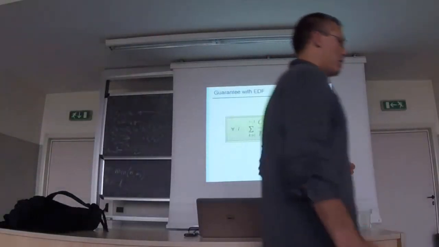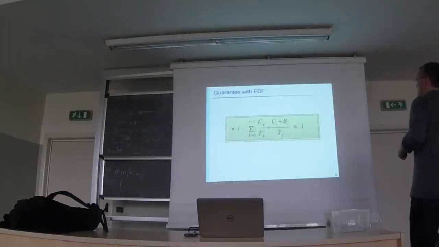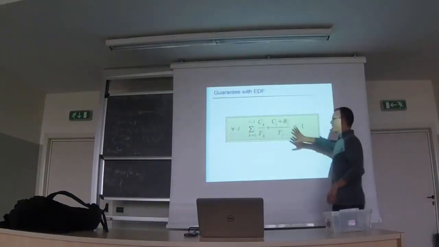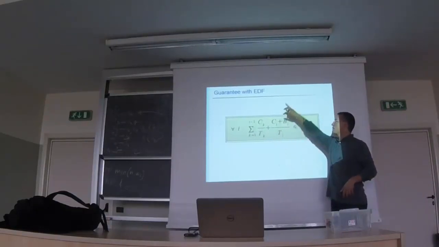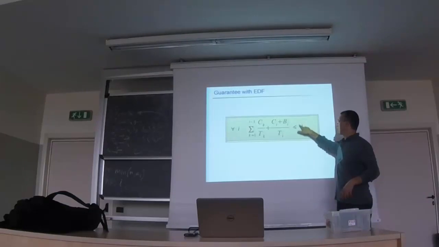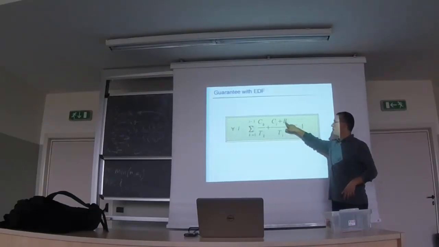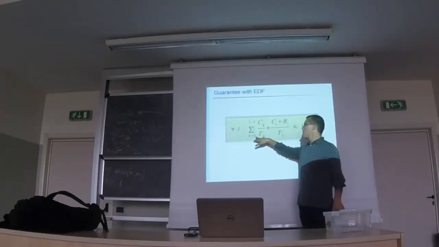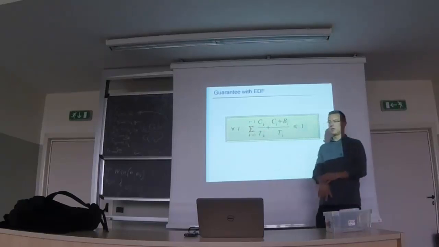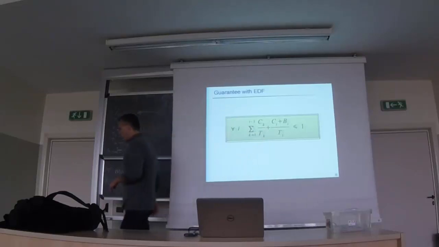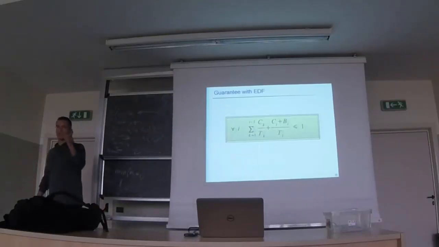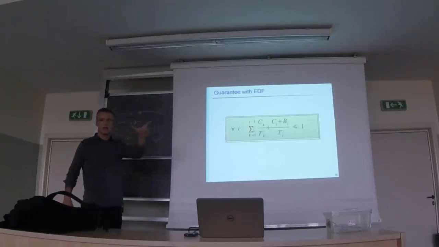The blocking term. How can I integrate it? This is a possibility. This is a sufficient test, like the previous test for rate monotonic. This is a sufficient test for EDF. Basically, instead of the least upper bound, I have 1 here, and I have the very same factor as before, and a sum that goes from 1 to i minus 1, where this is extended over all tasks ordered according to relative deadlines.